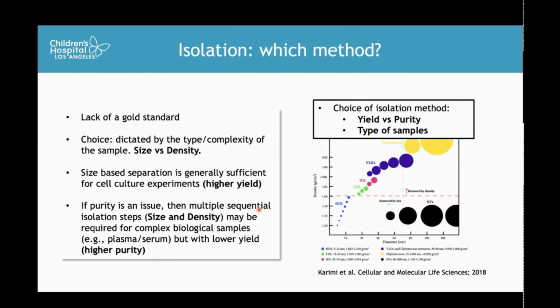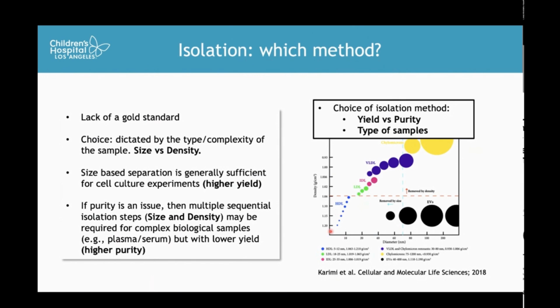In certain types of samples, particularly more complex samples such as plasma and serum, there are a lot of different types of particles. We not only have EVs, but we have a plethora of lipoproteins that range in size and density. For example, the very low density lipoproteins and the chylomicrons have a density that is much lower than EVs, but they have the same size.